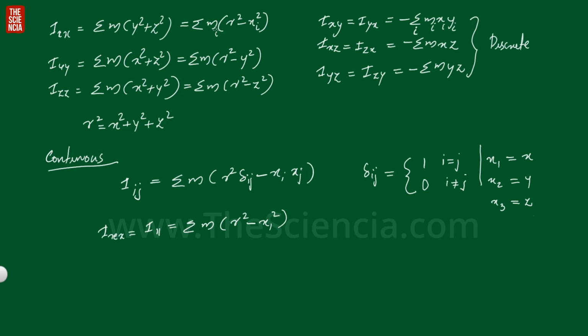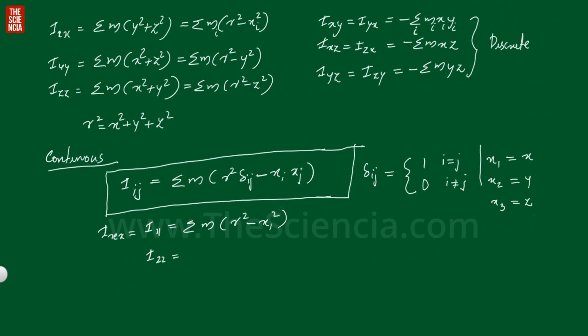We got this equation. Similarly, if you substitute for I22, you get this equation, and for I33 you get this equation. So from this single equation we can write all the components of moment of inertia. So this is the general form of the components of moment of inertia.